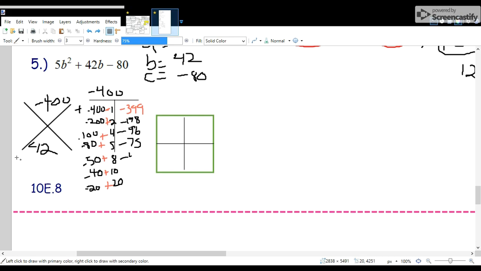Wait, the 42 is positive, so the bigger number will be positive here. Okay, compare which one is the b. It's 50 and negative 8.